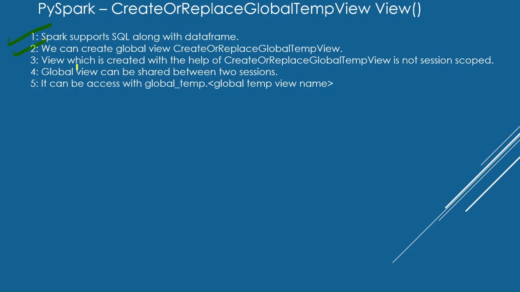We can create a global view with the help of create or replace global temp view. The view created with create or replace global temp view is not session scoped. It resides globally, and it can be shared between two sessions.